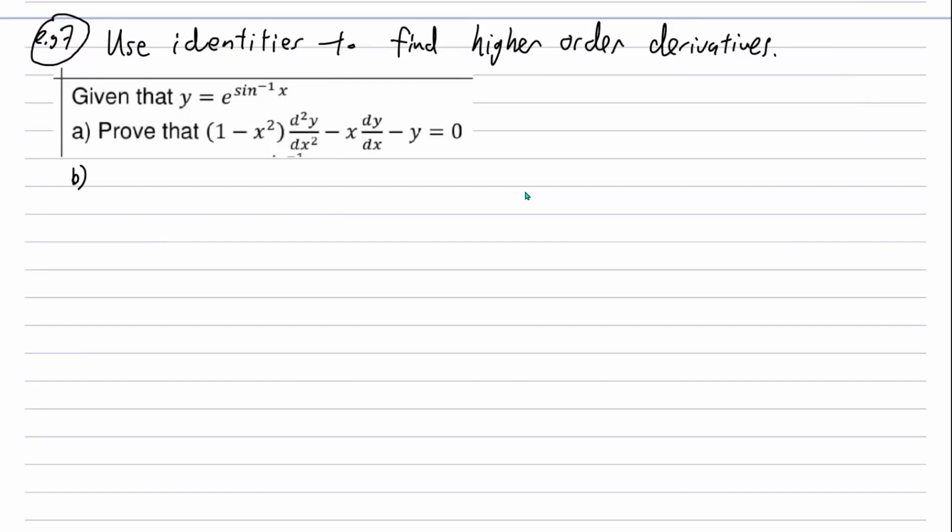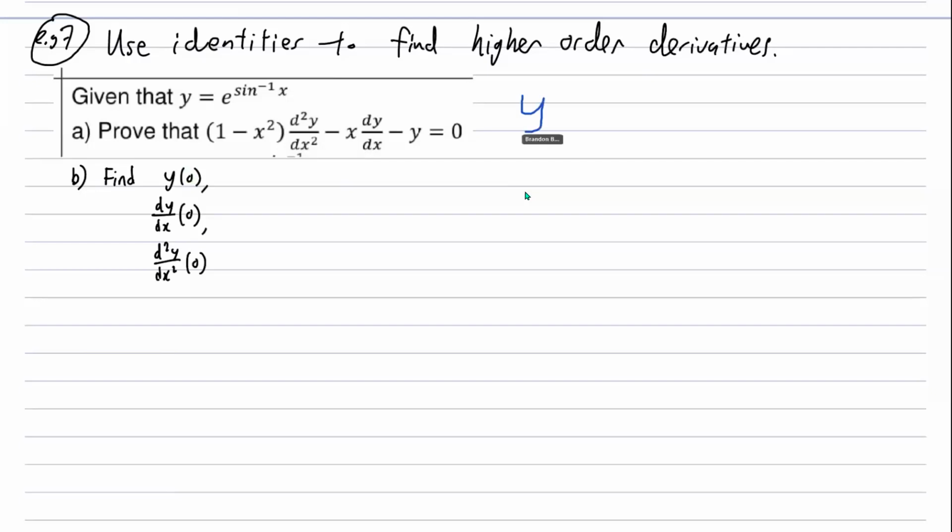From this, I want you to find y(0), dy/dx(0), and d2y/dx2(0). What does bracket 0 mean? It simply means you substitute x equal to 0. So find these 3.